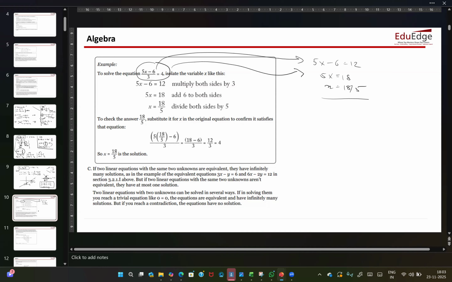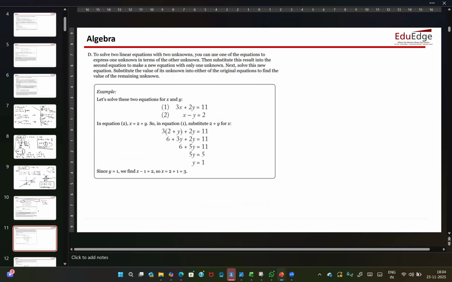And when we have two linear equations with two unknowns, again, we will solve them simultaneously. Suppose we have this as a set of two equations. There are two approaches to solve this simultaneously. I will tell you both approaches, you see what is faster for you.